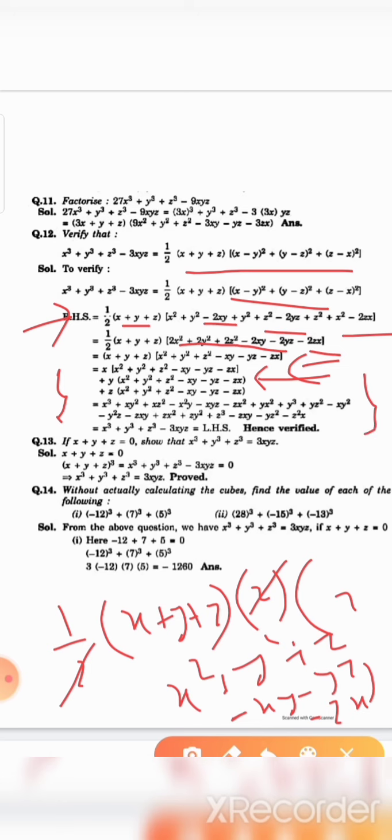Here by cancellation we get the last term x cube plus y cube plus z cube minus 3xyz, and it is the value of our LHS. So here we prove it by using the RHS. In the RHS we use our identity number 1 and simplify this step, and lastly we get the answer of the LHS, hence we verified question number 12.